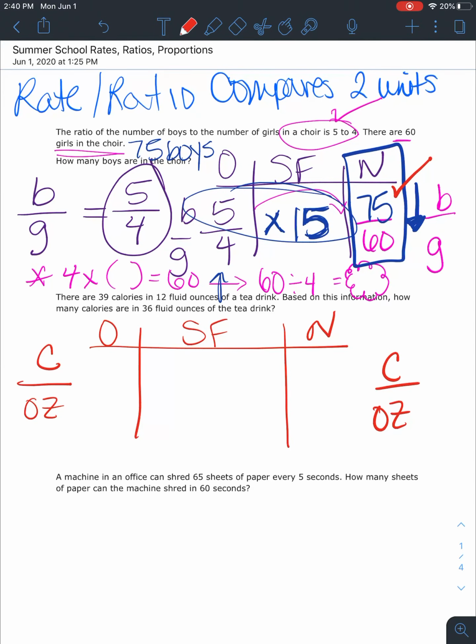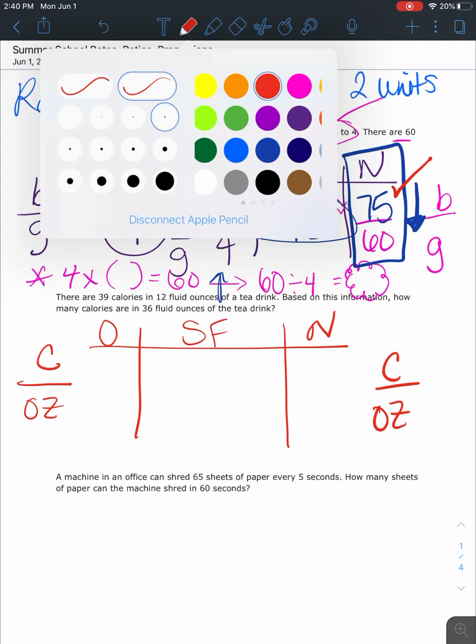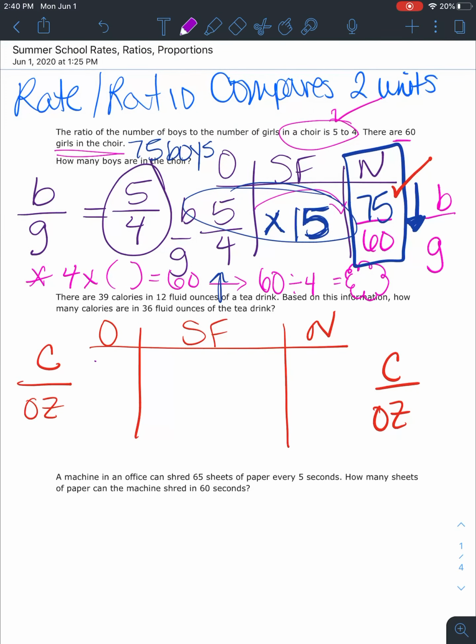Okay, so there's 39 calories, let's do a different color, I like my colors, 39 for 12 fluid ounces. Based on this information, how many calories are there in 36 fluid ounces? Well, all that it gave me is 36 fluid ounces, which goes here. And so what I'm missing is this. That's what we want to find out: what does X equal?